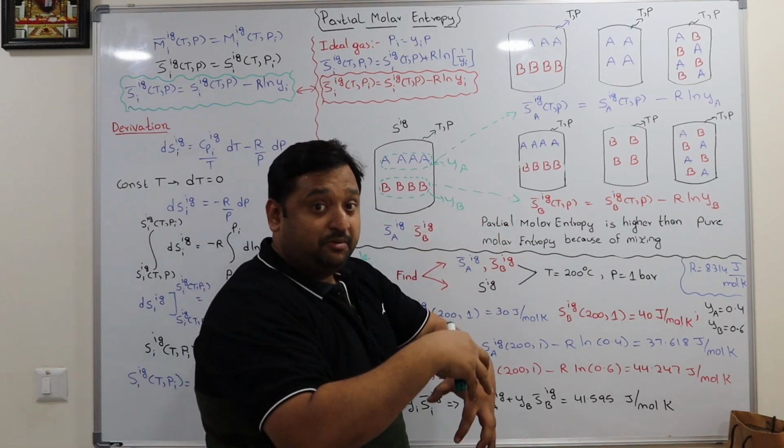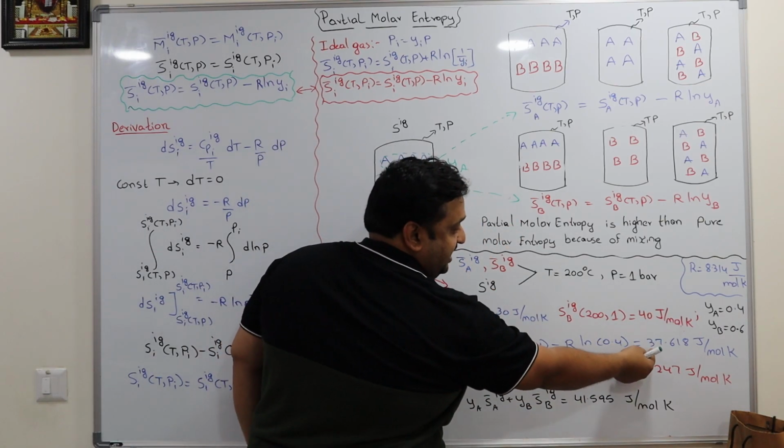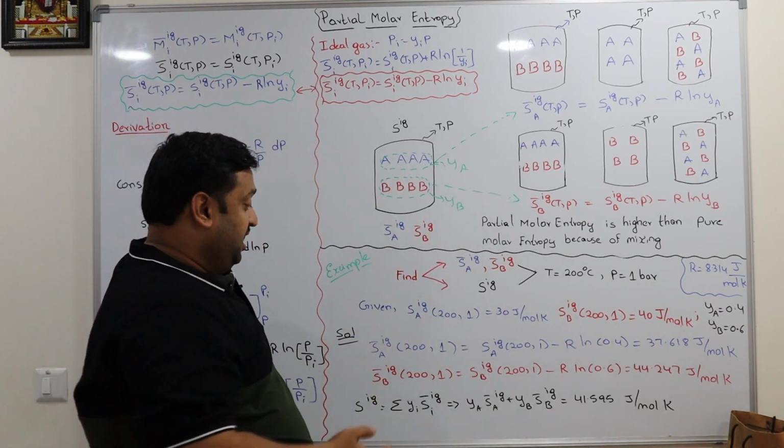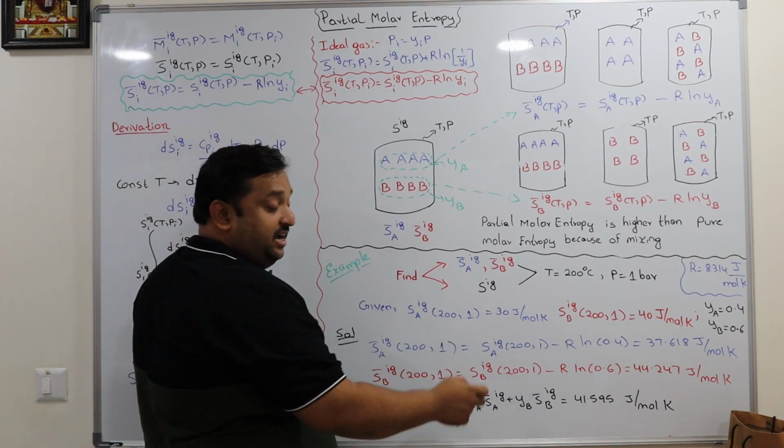When it is mixing with B, what happens? The total entropy has increased from 30 to 37.618.